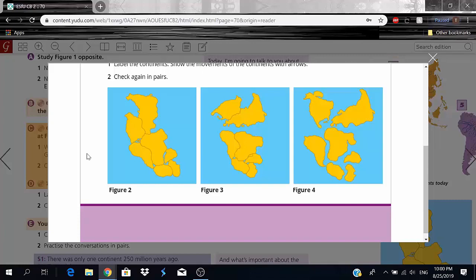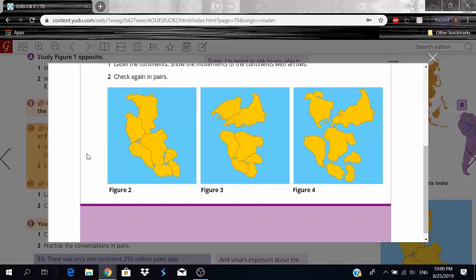We now move forward about 50 million years. We are now looking at about 200 million years ago. At this time in the Earth's history, there were two continents. Scientists called the continent in the northern hemisphere Laurasia, and the continent in the southern hemisphere Gondwanaland.